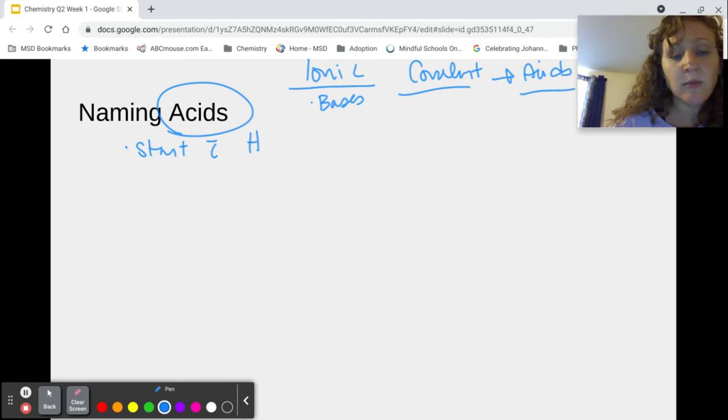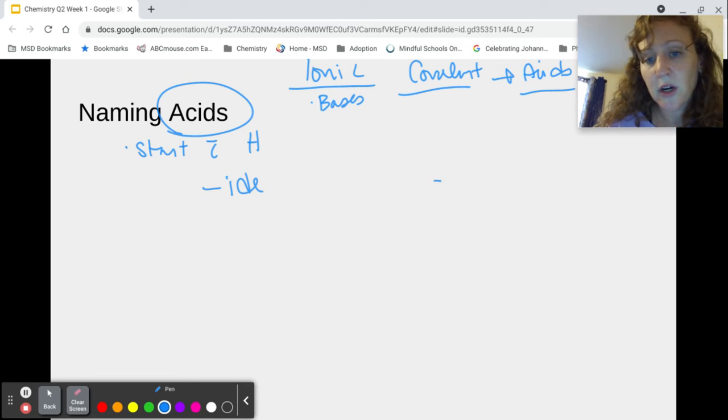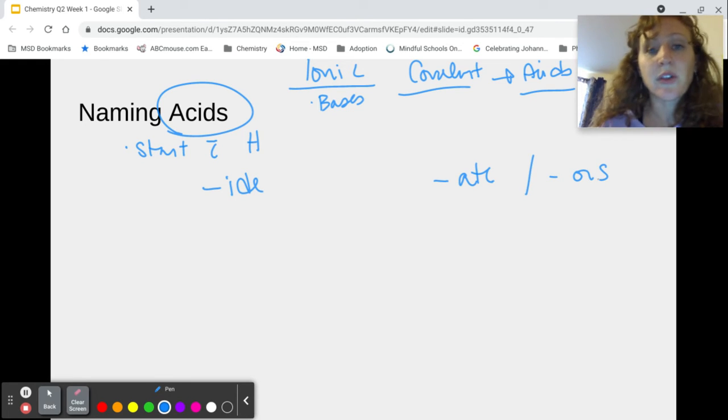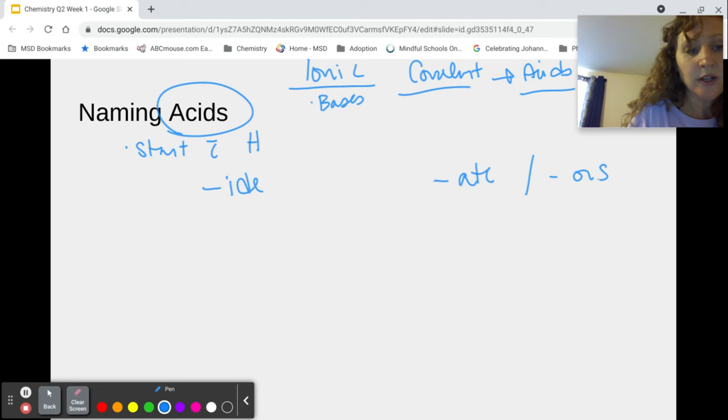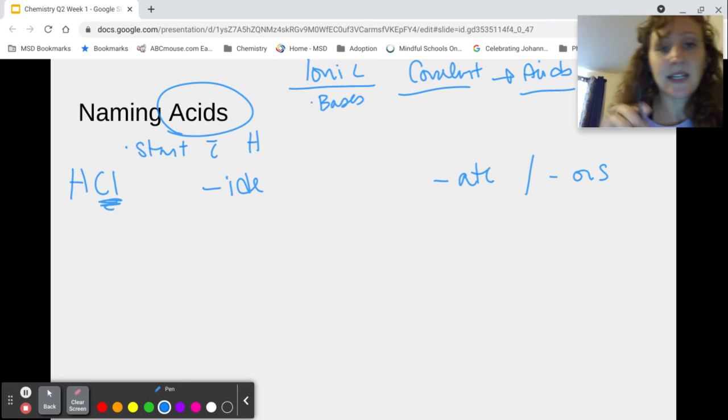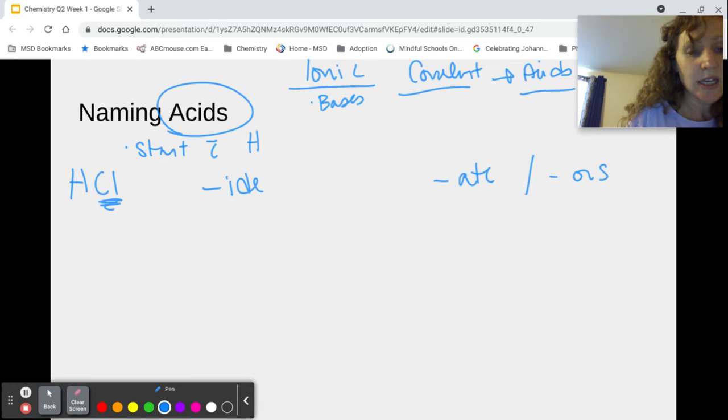The name of your anion can either end in "ide" or it can end in "ate" and "ite." So things that end in "ide," for example, would be HCl. The anion that is attached to hydrogen is chloride.